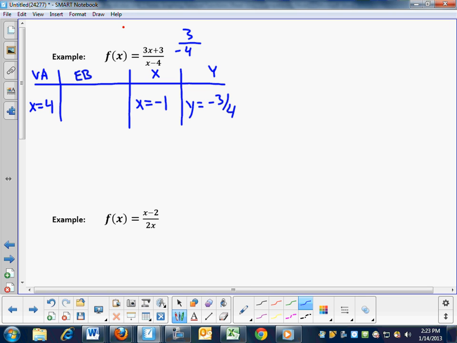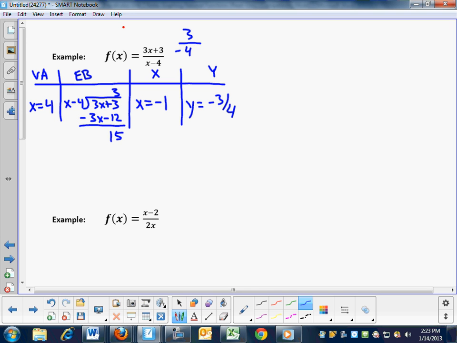Okay, then for the last one, I take the top and I divide it by the bottom for the end behavior. X minus 4 goes into 3x plus 3. What do you multiply x by to get 3x? 3. I get 3x minus 12. I'm going to subtract them. What is 3 minus -12? 15.